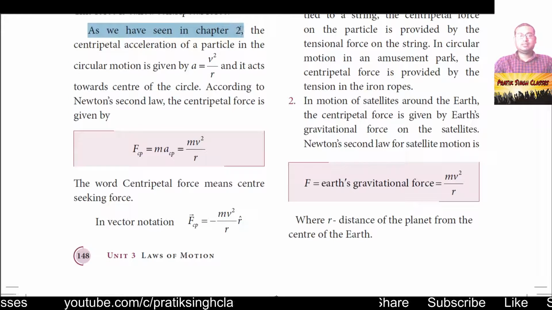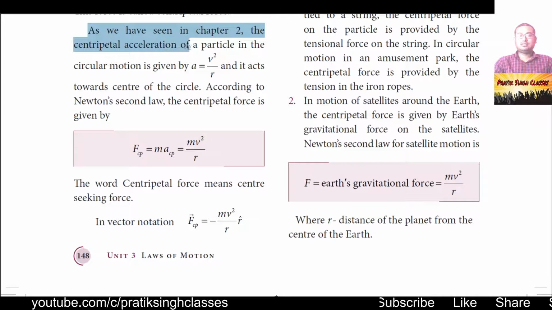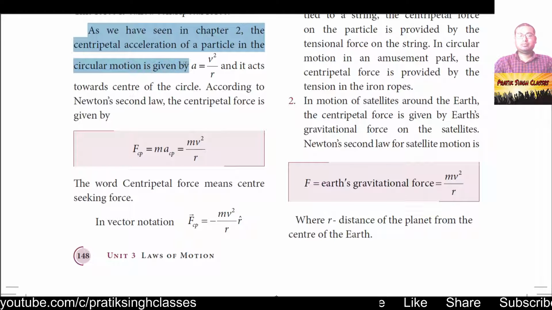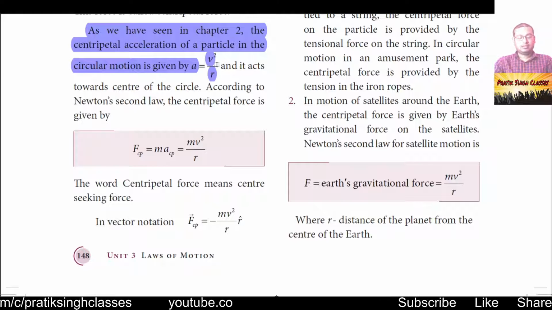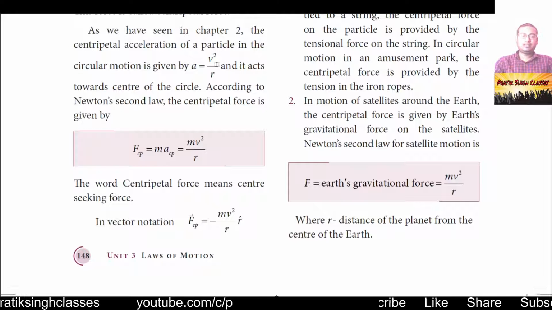As we have seen in the previous chapter, the centripetal acceleration of a particle in circular motion is given by a = v square by r, where v is the linear velocity and r is the radius of the circular path, and it acts towards the center of the circle.